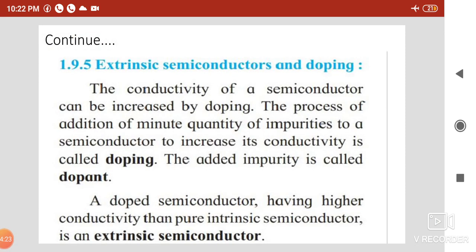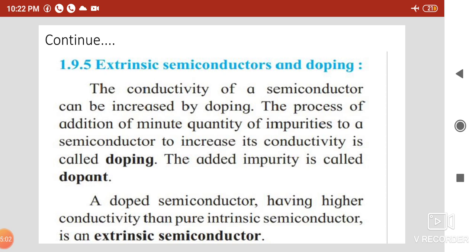Now there are some semiconductors which contain impurities, and because of the impurities they show some electrical conductivity. Semiconductors which contain impurities, and even have higher conductivity than intrinsic semiconductors, are called extrinsic semiconductors. So an extrinsic semiconductor means a semiconductor which contains some impurities.